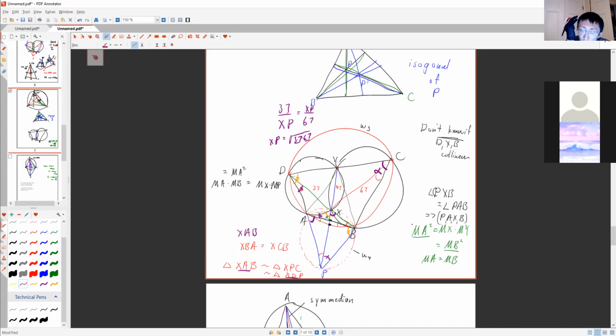I think one thing that might be good to use is, because of the cyclic quads, this angle at D also equals this angle at Y. And this angle at C also equals this angle at Y, the other angle at Y. So by angle-angle similarity, we should have these following similar triangles.